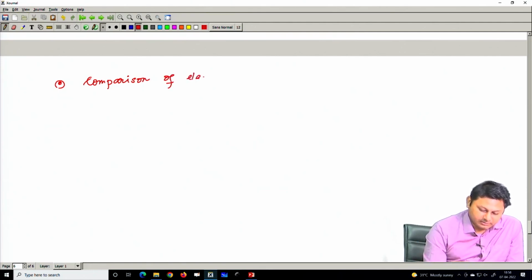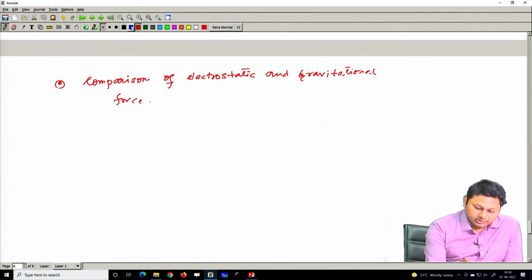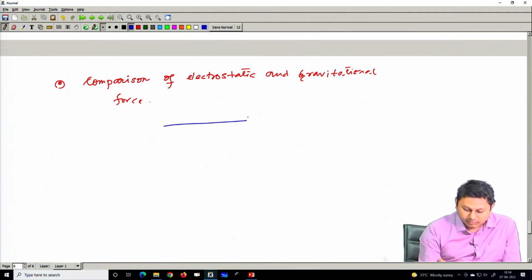electrostatic and gravitational force. So suppose I have an electron and proton sitting here.